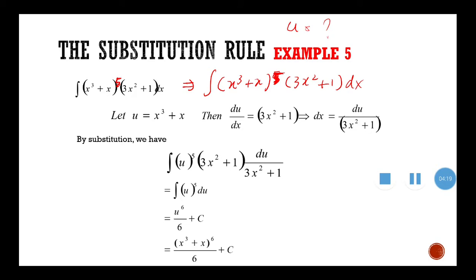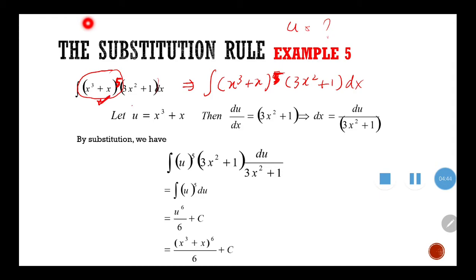So now to choose u, sekarang kita try dulu, sebab kita nampak yang make the function complicated is the first one. Why? Because this one is up to the power of 5. Yang ni tak ada apa, 3x squared plus 1, it's just a simple function, dia tak ada kuasa apa-apa kan. So here I let u equals to x cubed plus x, the first function. Power of 5 kita biarkan.